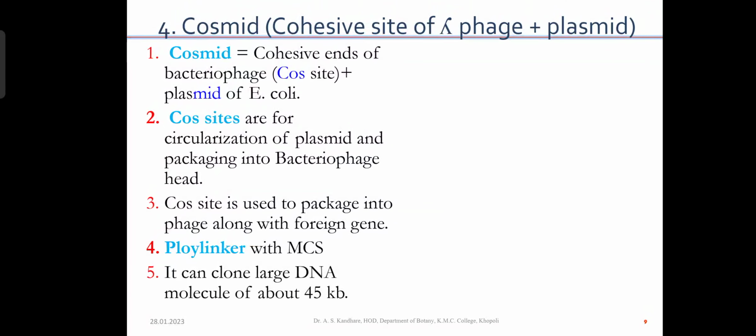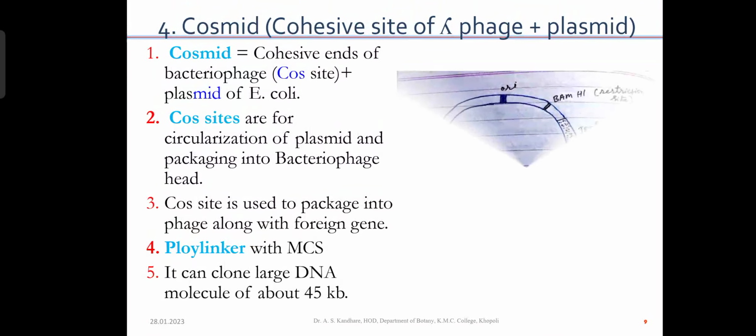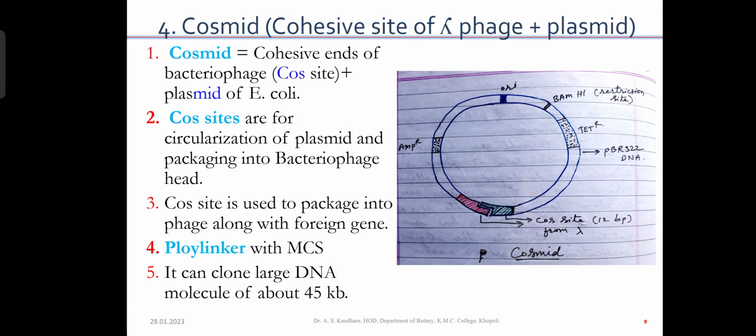It can clone a large DNA molecule of 45 kb. So the capacity of this vector is enhanced, isn't it? So here you can see the cosmid can clone larger segments of DNA, that is a 45 kb segment of DNA.